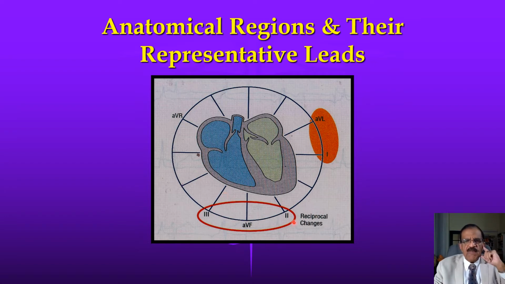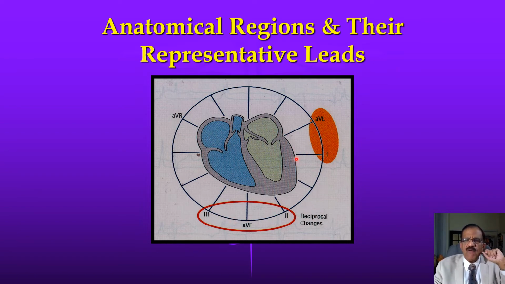So limb leads 2, 3 and AVF represent the inferior surface of the heart. If the changes are present in these leads, we would infer that there is infarction in the inferior surface of the myocardium.